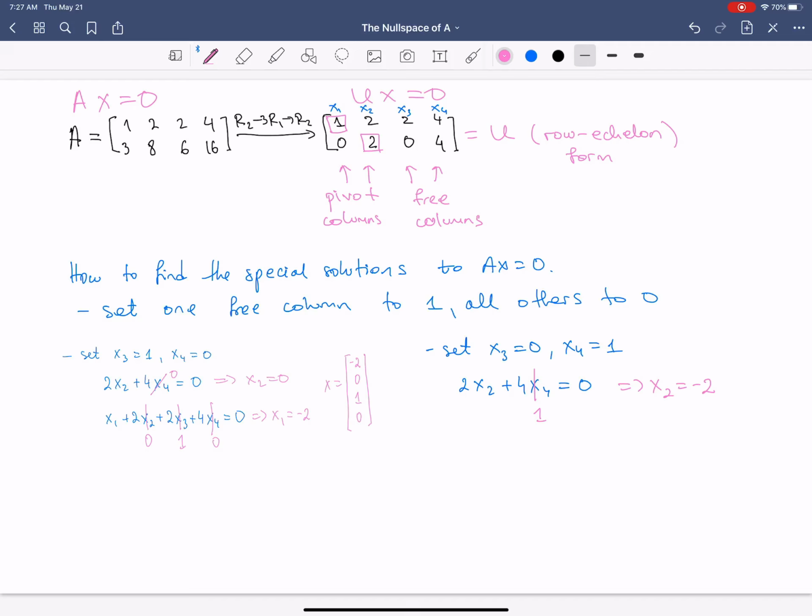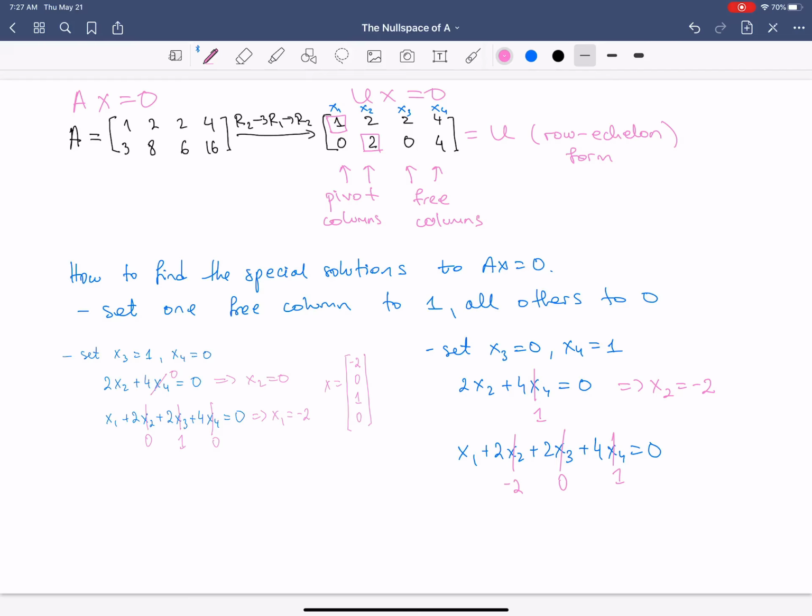Now let's go to the first equation in U, which is x1 plus 2x2 plus 2x3 plus 4x4 equals 0. We know that x4 is 1, x3 we've set to 0, x2 is a negative 2, and x1 is what we're trying to find. So what do we have here?